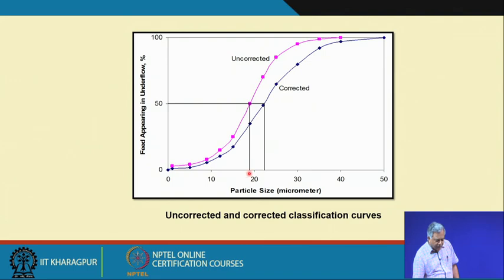In the previous example the D50 was 19 micrometer. Now, the corrected D50, denoted as D50c, will become around 22 or 23 micrometer. So, this is the difference between your corrected classification curve and uncorrected classification curve.